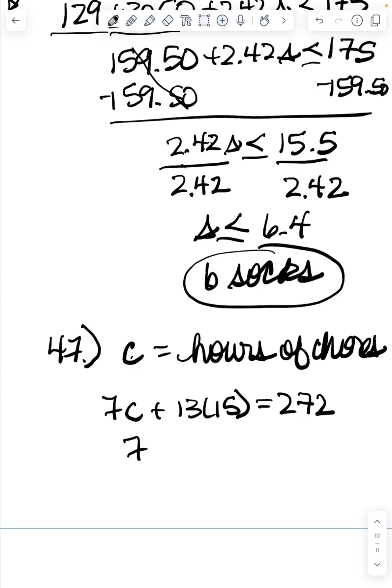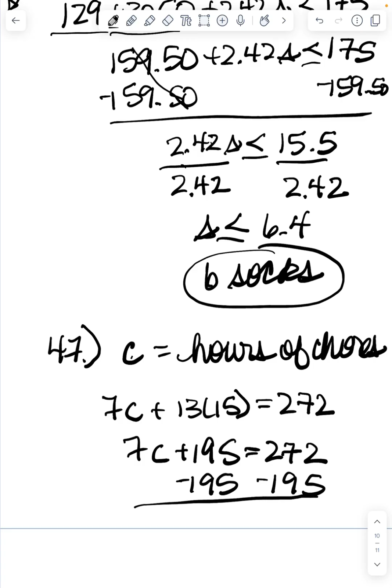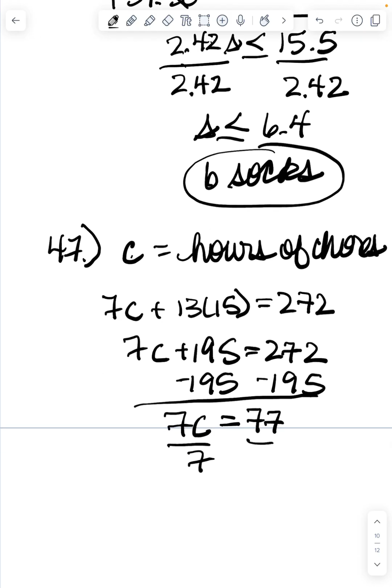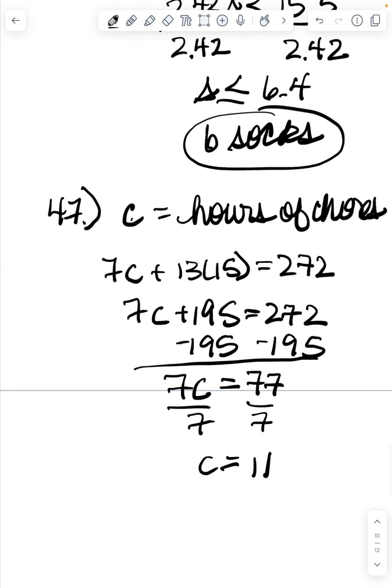So here we go. Let's do 13 times 15 to clean this up a little bit. Then we're going to subtract 195 on both sides. We end up with 7C equals 77. And C equals 11. So 11 hours doing chores.